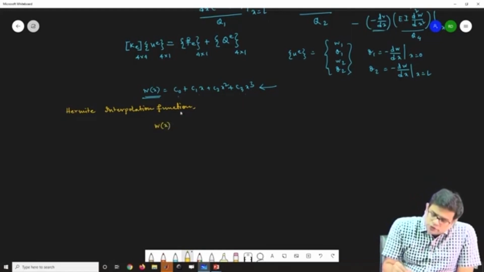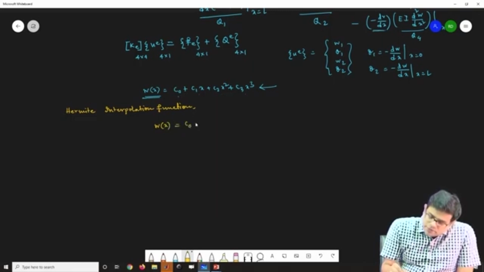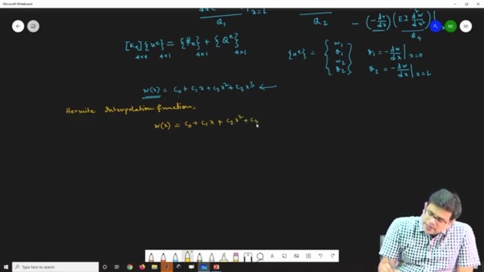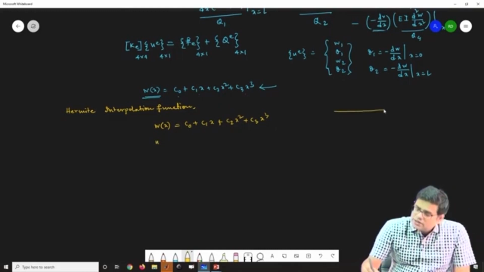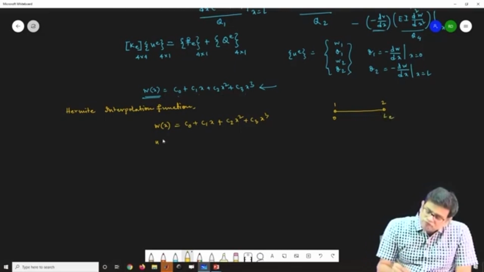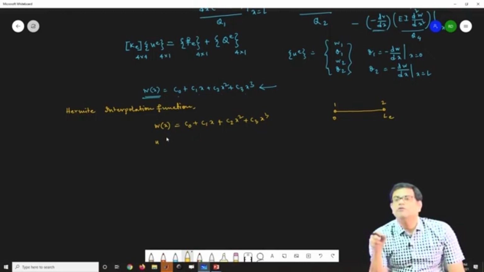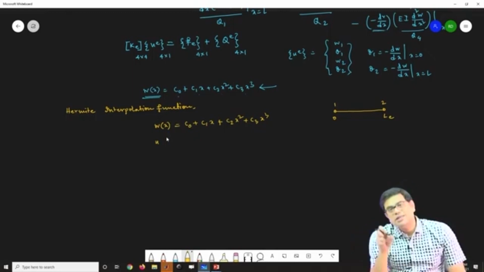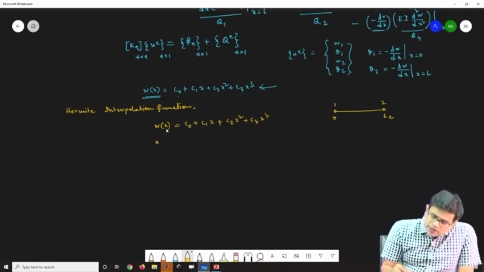I write W of x with the same form, C0 plus C1 x plus C2 x square plus C3 x cube, but the boundary conditions are different. Consider an element from 0 to LE, with 2 degrees of freedom per node: the displacement, and the slope, or derivative of the displacement.